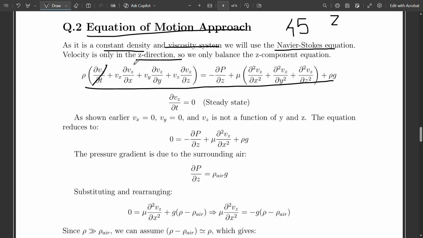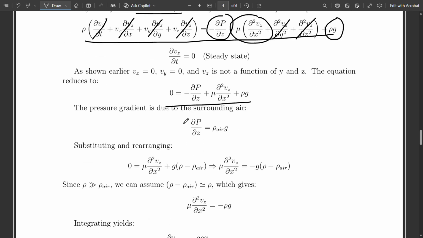Then Vx is 0, so this term becomes 0; Vy is 0, so this term becomes 0; Vz is not a function of z, so this term becomes 0. This term will not be 0, and this term is 0 as Vz is not a function of y or z. So we are left with only these three terms. Writing this equation here, we get this equation.